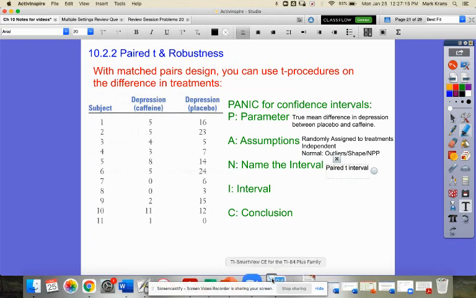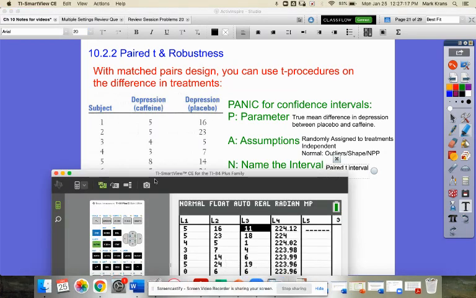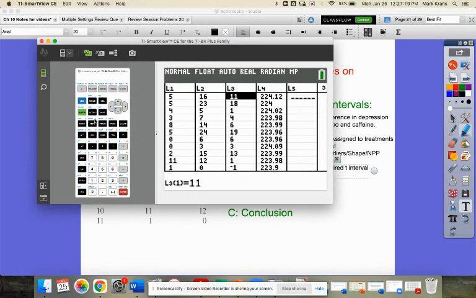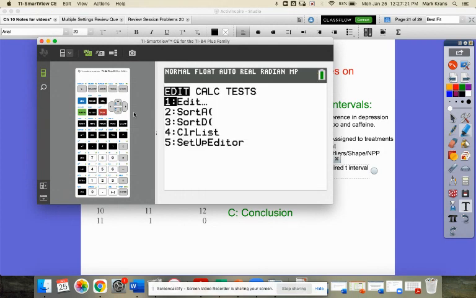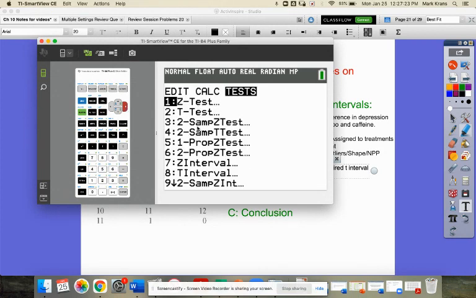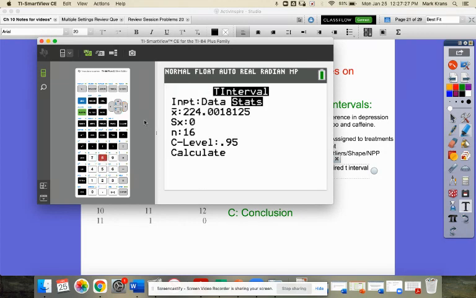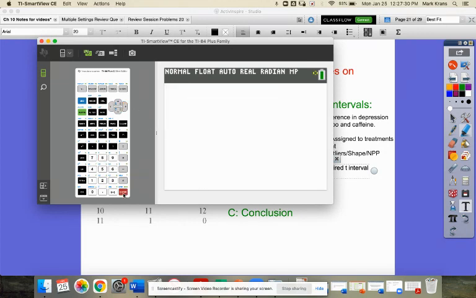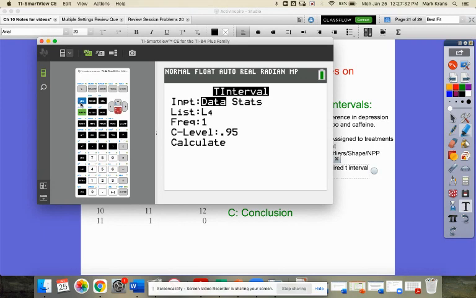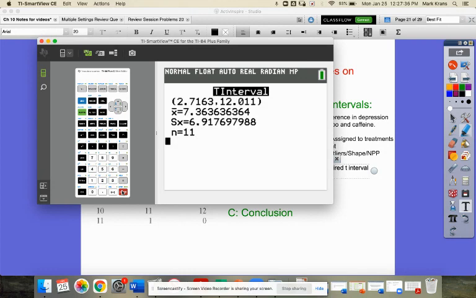So my interval, let's see what we get. So if I come up here and I do stat tests, I can do a T interval. My T interval on my data, which is in L3. I can create a 95% confidence interval.